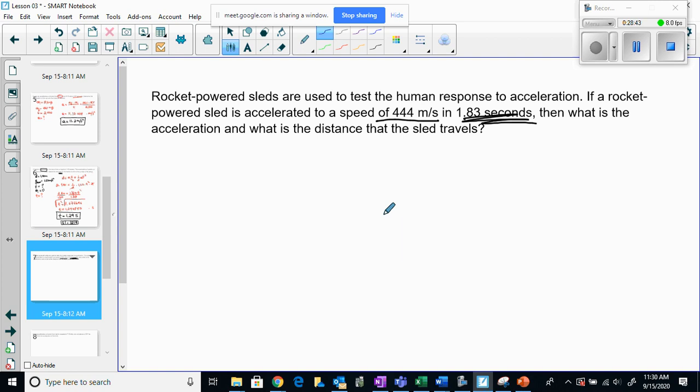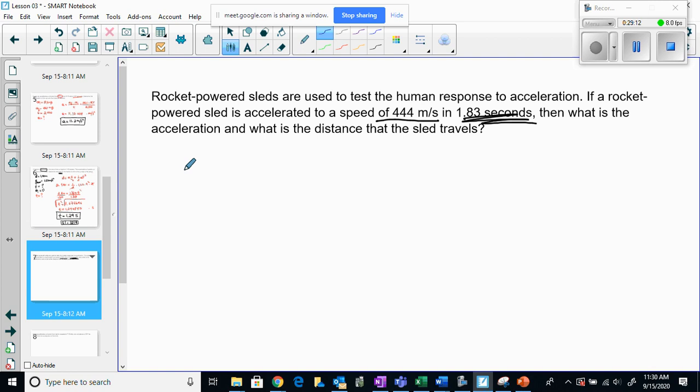So where is this rocket powered sled starting? Is it starting from rest, or does it have a certain velocity? What do you understand from the question here?